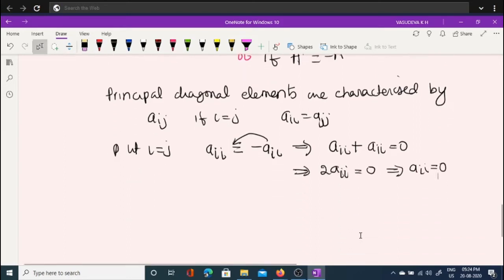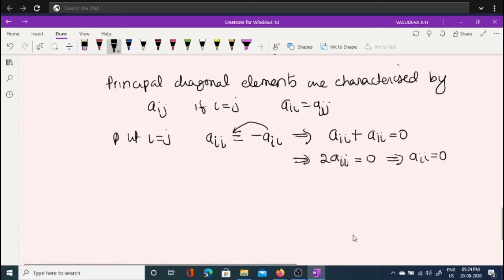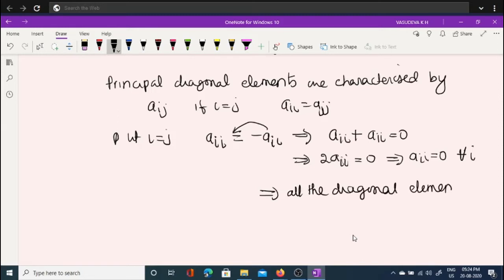So that concludes, this is for all i, that all the diagonal elements of a skew-symmetric matrix are 0.